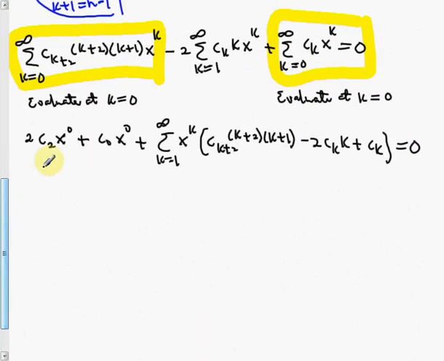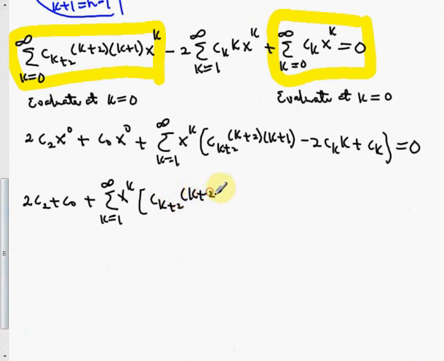If you look at it, this first term out in the front is 2 times c sub 2 plus c naught. X to the 0 is just 1. And that's plus the summation as k goes from 1 to infinity of x to the k times the brackets c sub k plus 2 times k plus 2 times k plus 1 minus 2 times c sub k times k plus c sub k.